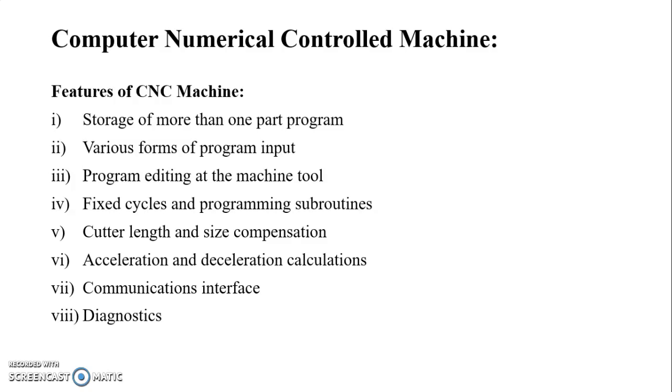So in the next slide we will see the features of CNC machines. First, storage of more than one part program, that is the CNC controller can store many programs in its memory unit. Second feature, various forms of program input, meaning the part program can be fed to a CNC controller through multiple means such as punch tape, magnetic tape, floppy diskettes, RS-232 communications with external computers, and manual data input.